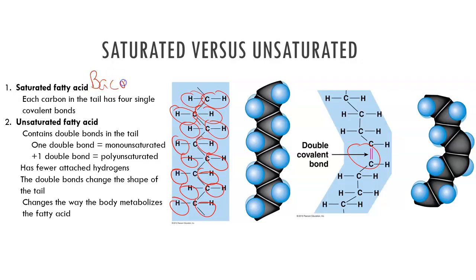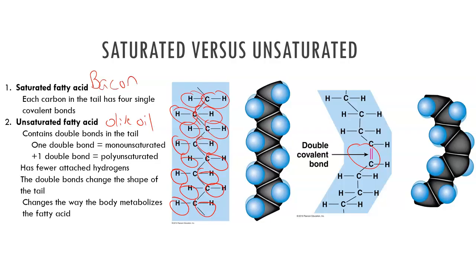After you finish cooking bacon, the bacon fat will harden in the skillet. That is a saturated fatty acid. Whereas an unsaturated fatty acid like olive oil, things like that, are going to be liquid at room temperature. So that's an unsaturated fatty acid.